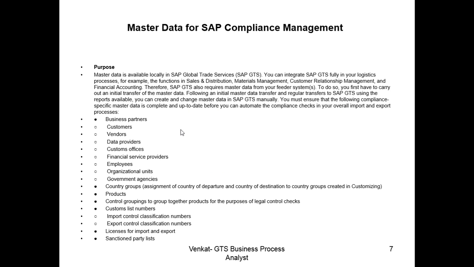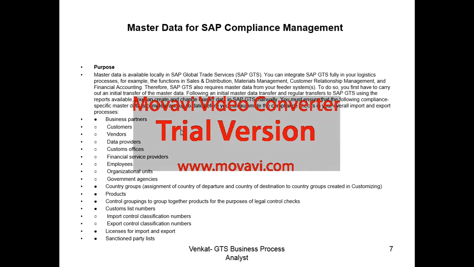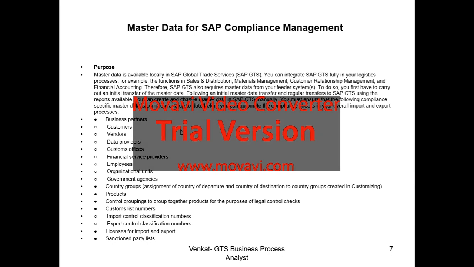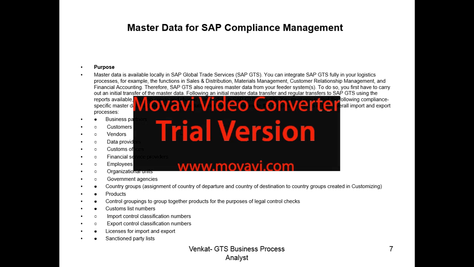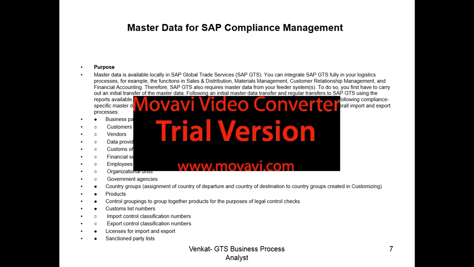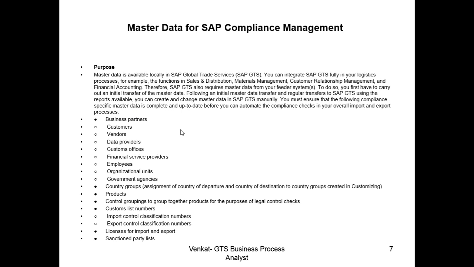Generally the list of sanction party members or blocked members, the ECCN numbers or ICCN numbers, or the embargo countries list, whatever list we need to upload and maintain in the GTS system, is going to be provided by the data providers, third party data providers or the government agencies.